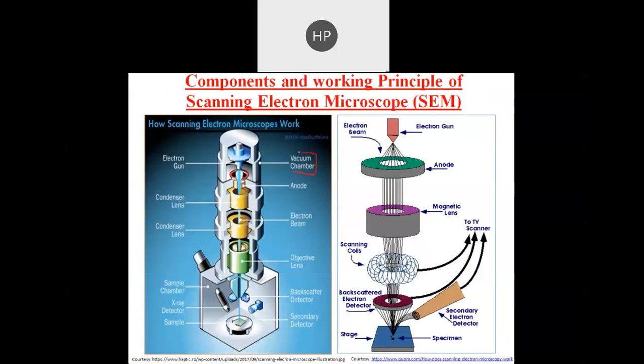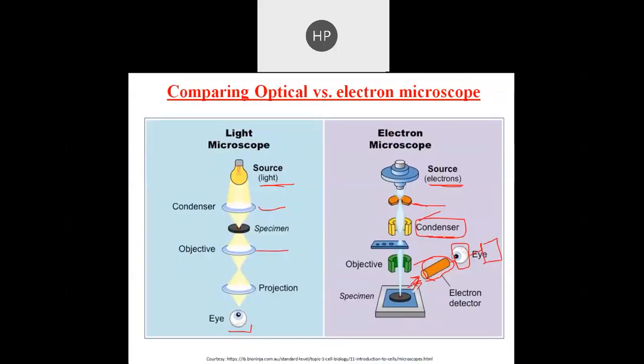If you see the next diagram, this is the vacuum chamber. This whole outer area is the vacuum chamber, and this whole path, starting from the electron gun to the output camera, is under the vacuum.